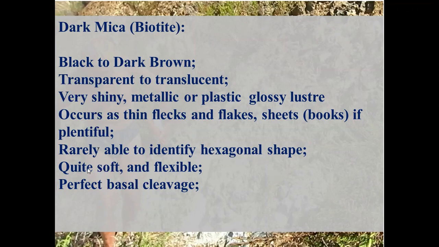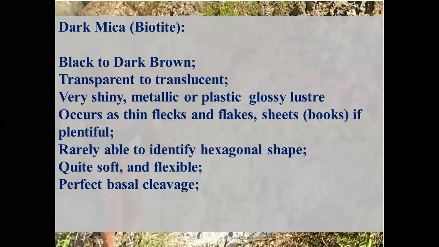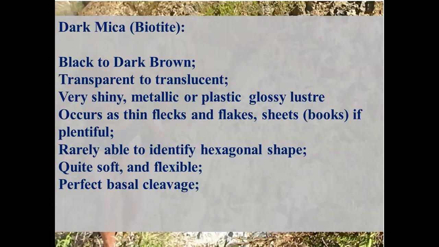It's very soft, again, like the white mica that we looked at earlier, soft and flexible. And this one again has this perfect basal cleavage, and those books and the flakes that we saw that were building up into a few cleavage sheets. That's the basal cleavage being picked out. So this is the dark mica biotite.